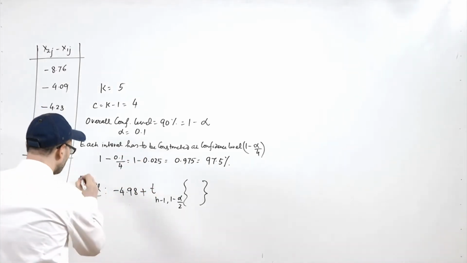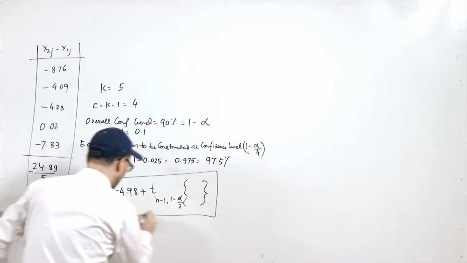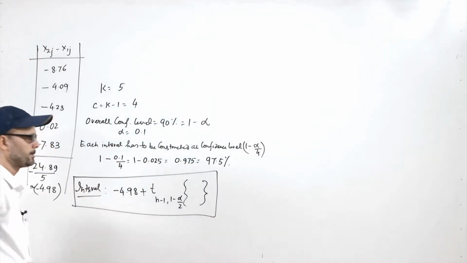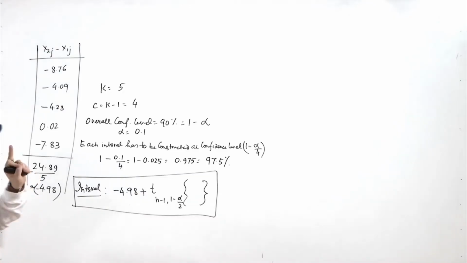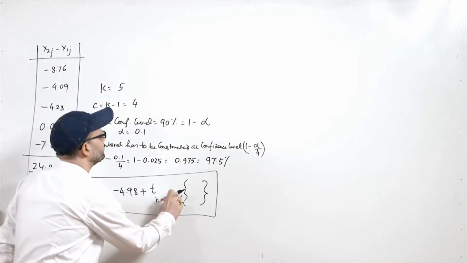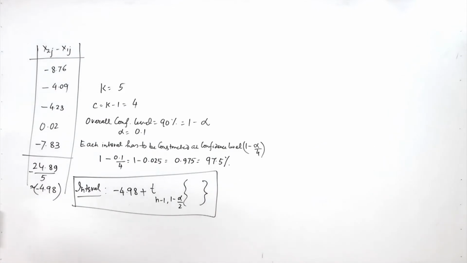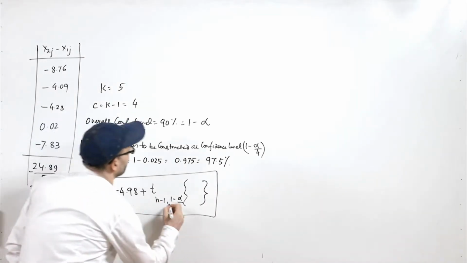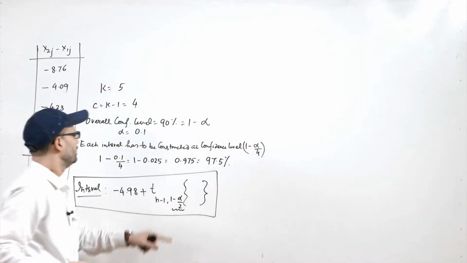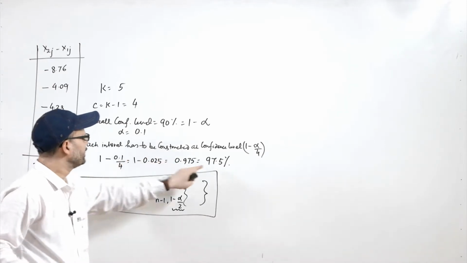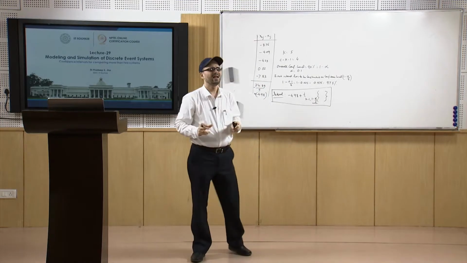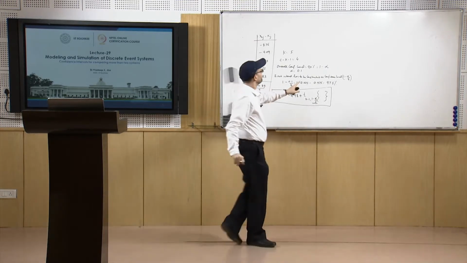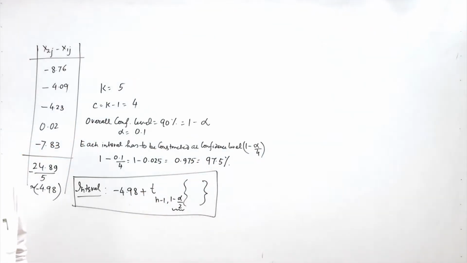Now, once we use this formula where the variance term will come, what should be this alpha? So, what should be this 1 minus alpha by 2 value? Now, overall we require 97.5%, every individual interval has to be 97.5%.